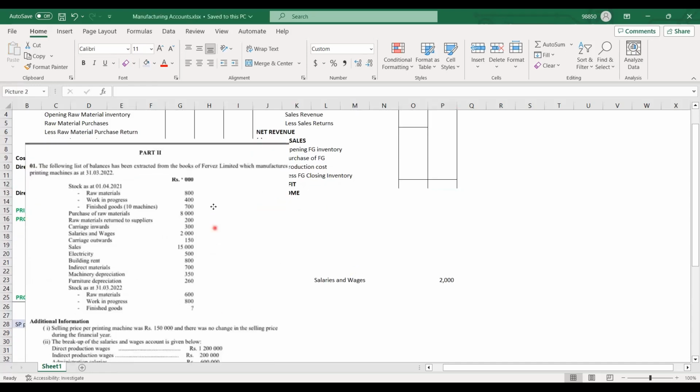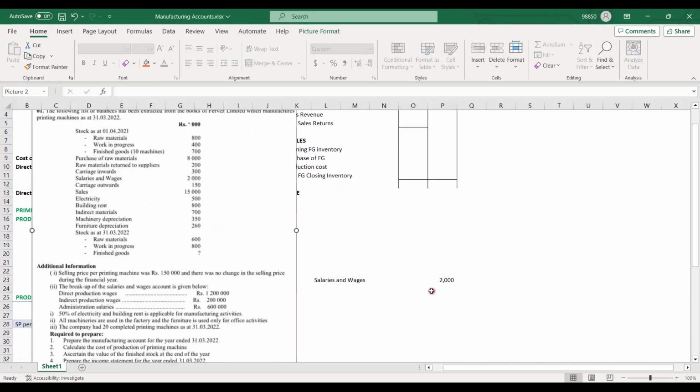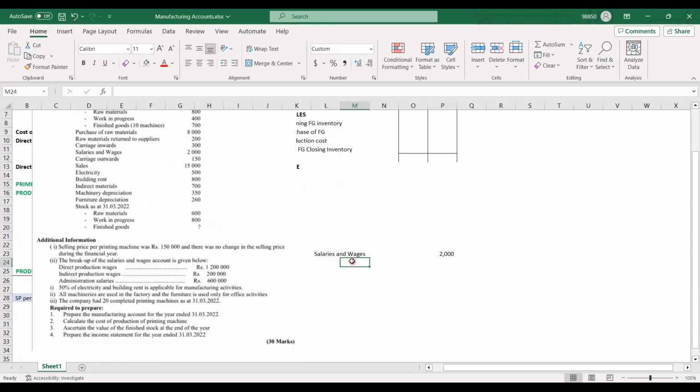So you can see that the breakup is given here. Salaries and wages, you know the full amount is 2,000. Out of that, they're saying direct production wages, I'm going to say direct, is 1,200 or 1,200,000.